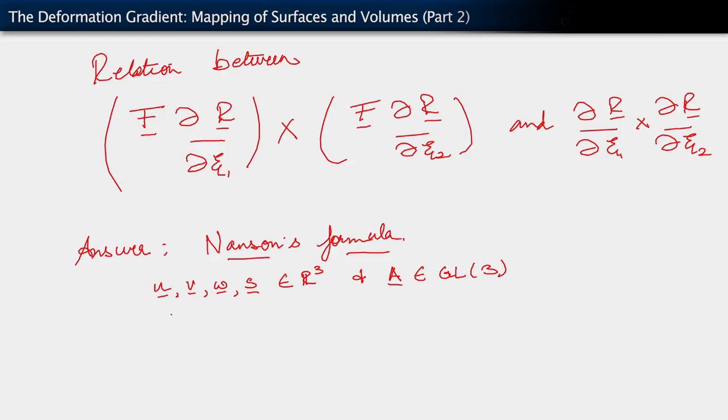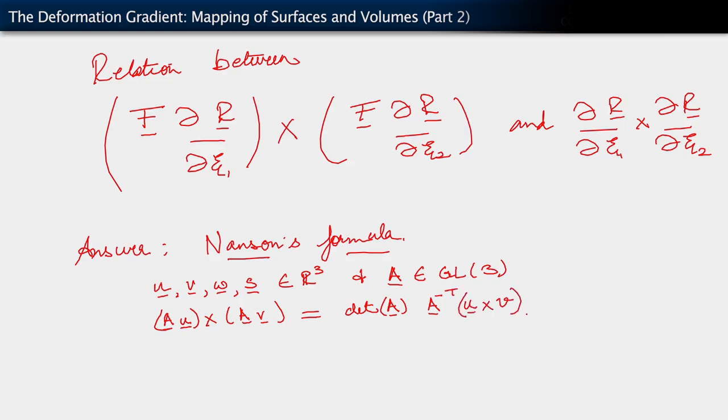It says that AU cross AV is determinant of A inverse transpose U cross V. Okay?